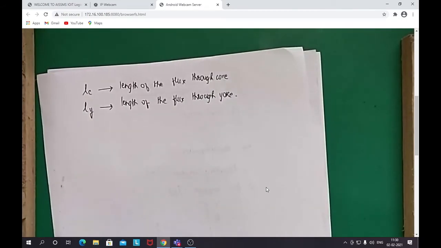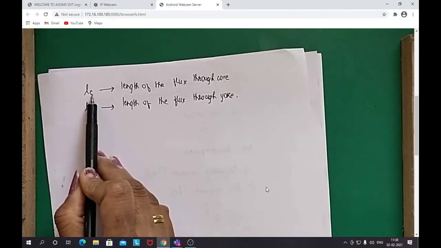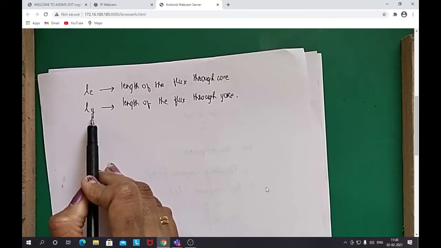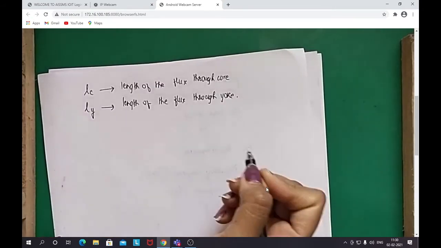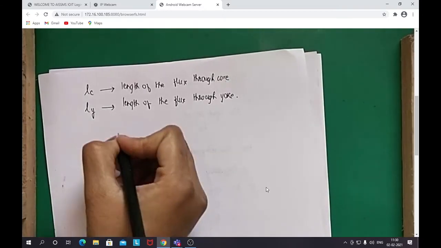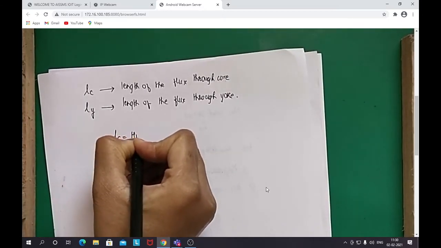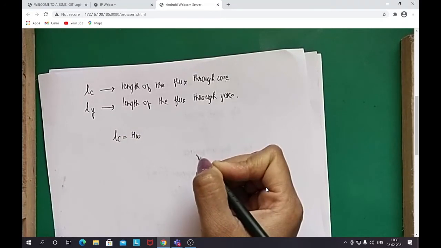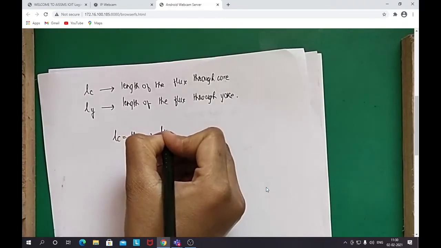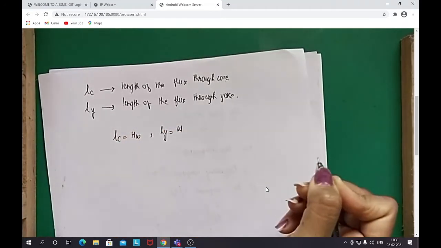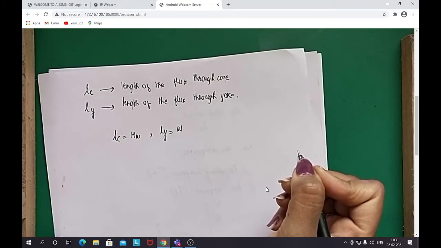It is easy to remember. Wherever you see small c, it is related to the core part. Small y relates to the yoke section. Now, as is clear from the figure, LC will be equal to the height of the window, whereas Ly is going to be the width of your frame, which is capital W.